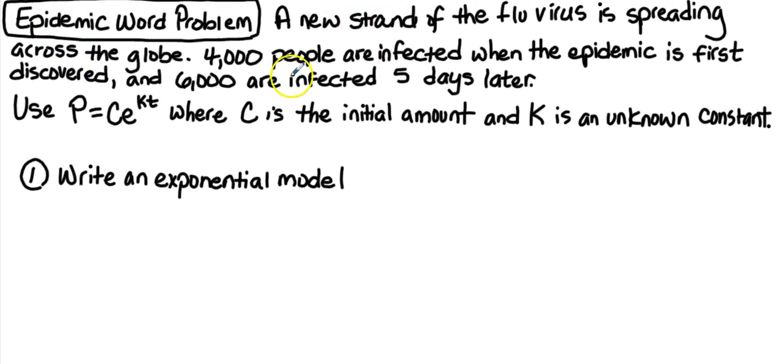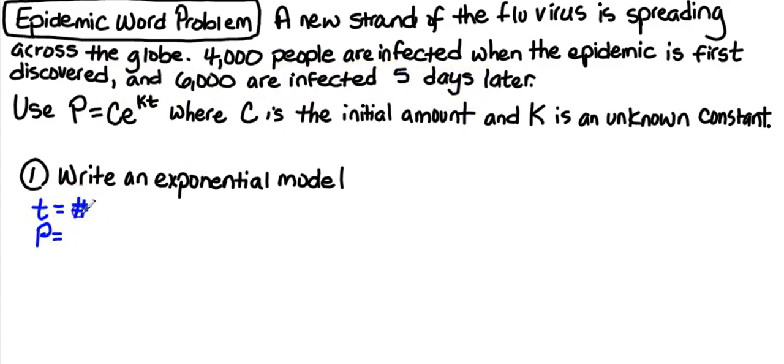We really can help give our brains a frame of reference if we first define our variables and then see which of these variables we actually have a value for. So first let's start with t and P, because that's kind of like our x and y, right? We've got t here and P. t is time, and it's defined in days, and I know that because it says 5 days later.